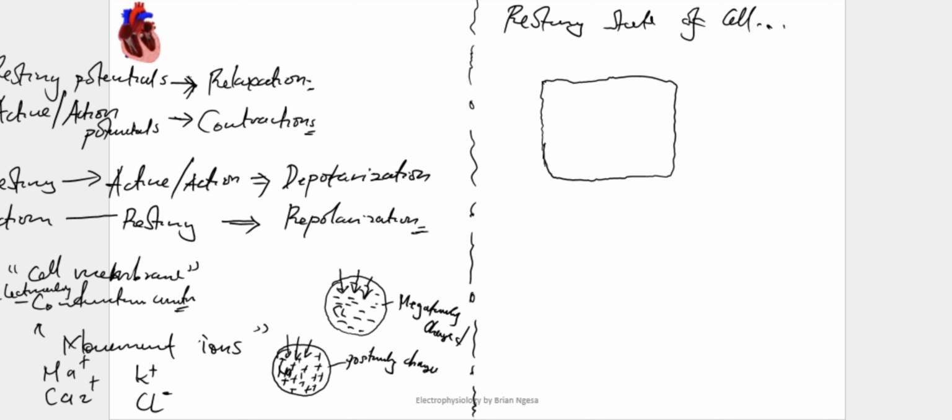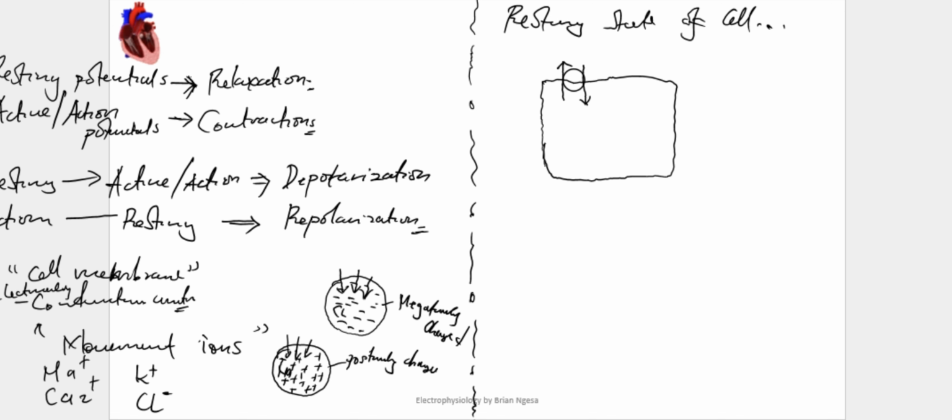One of the important elements in most cells in the body is normally the sodium potassium ATPase. So these are pumps that are normally in many cells. So let's write this as sodium potassium ATPase. That normally pumps sodium out, so this is what happens normally, and pumps potassium in.